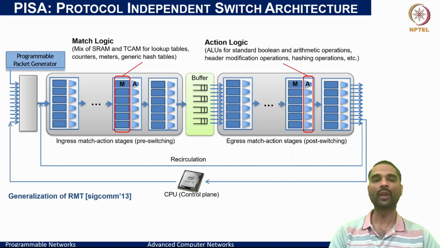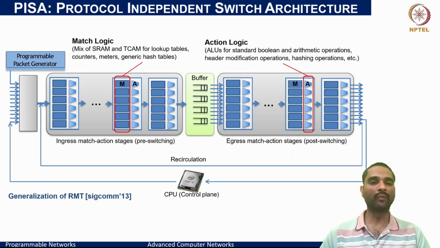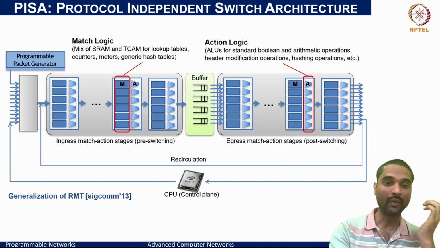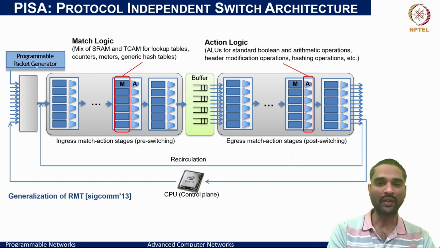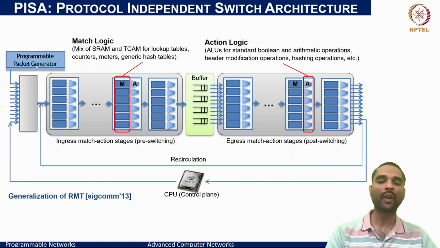So to sum up what we just described and what we saw earlier in RMT, you would have on one side a programmable packet parser, where the parser would look up and see what aspects of the packet that you need to pass, and then you have the ingress match action stage pipeline, which is a pre-switching entity that you are going to look up for.